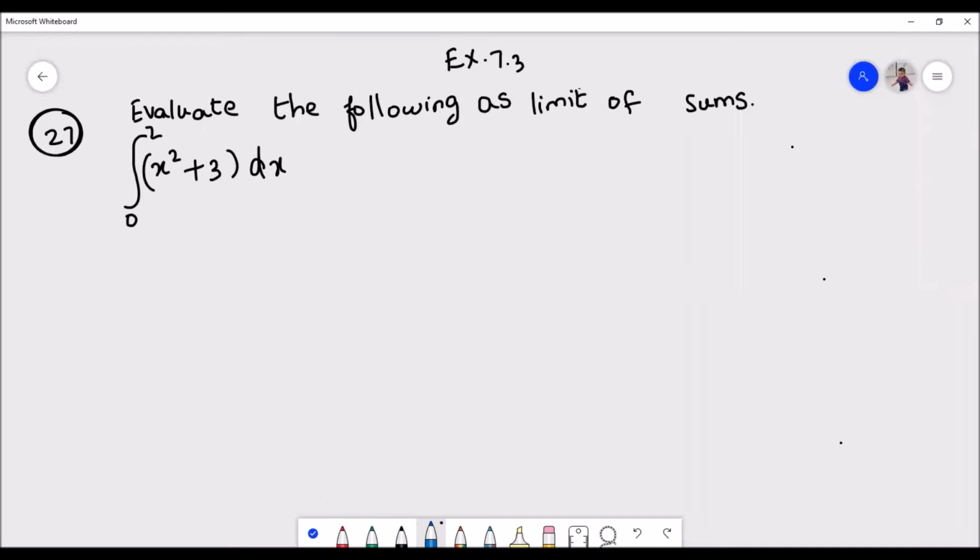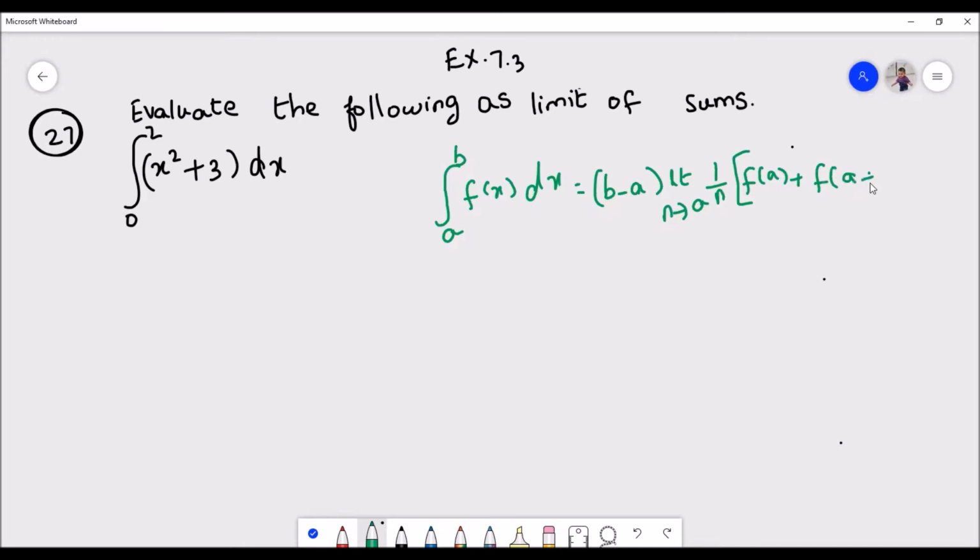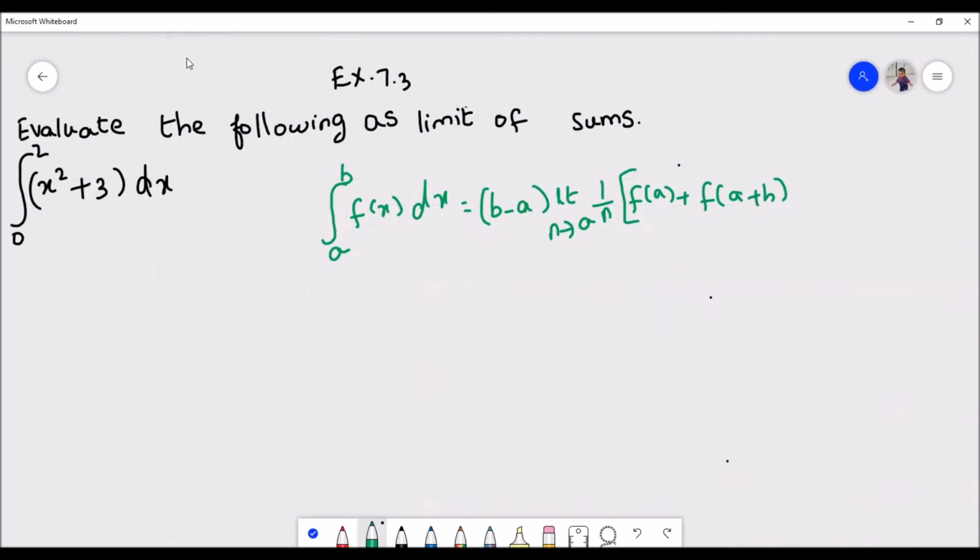The formula to evaluate the integral as a limit of sum is: integration of a to b f of x dx is equal to b minus a times the limit as n tends to infinity of 1 by n times f of a plus f of a plus h plus f of a plus 2h, and so on, up to f of a plus n minus 1 of h, where h is equal to b minus a divided by n.